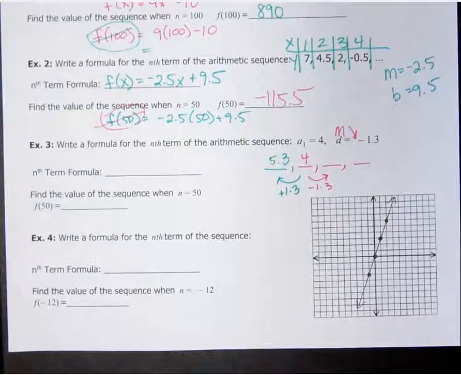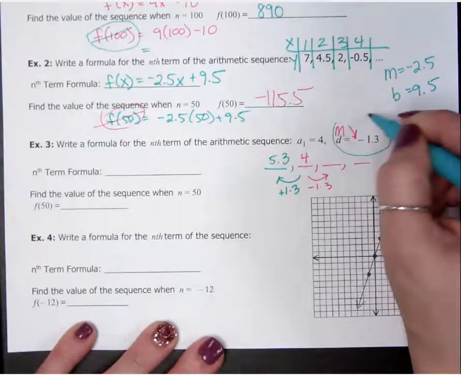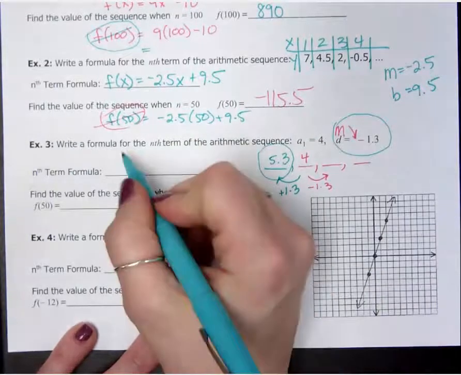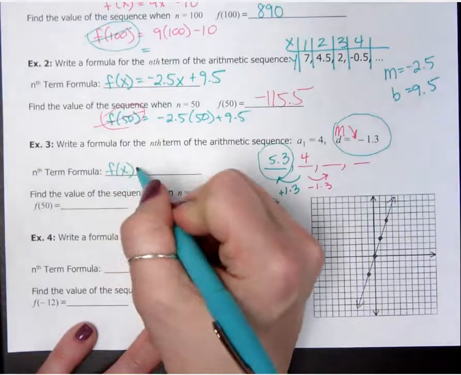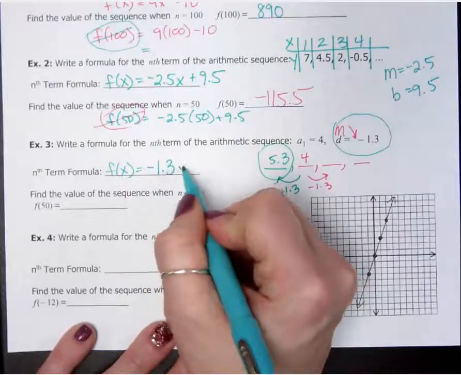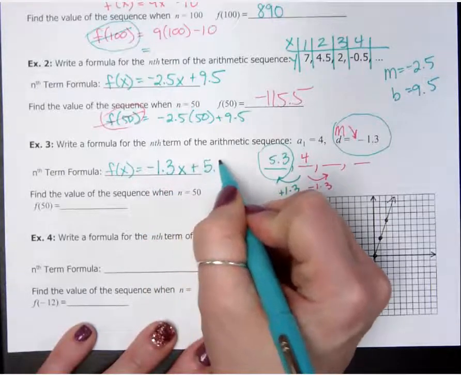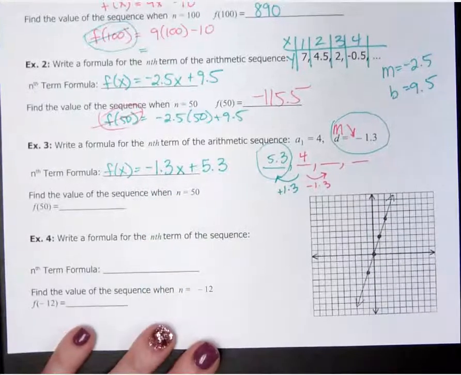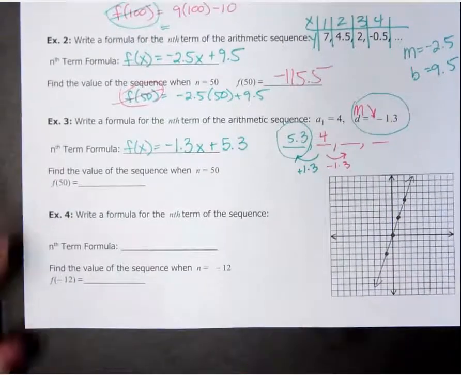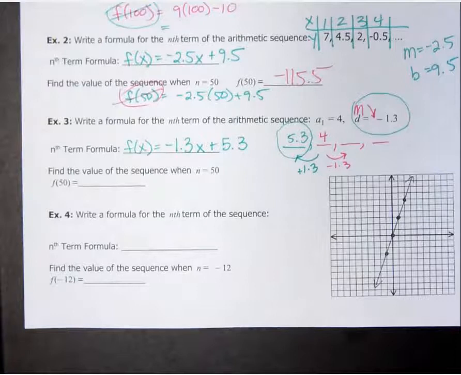In this case, I have my m value and I have my b value. So I can write my function as mx plus b. Okay, so sometimes it's interesting to know that just having the knowledge and using it can be faster than the calculator.